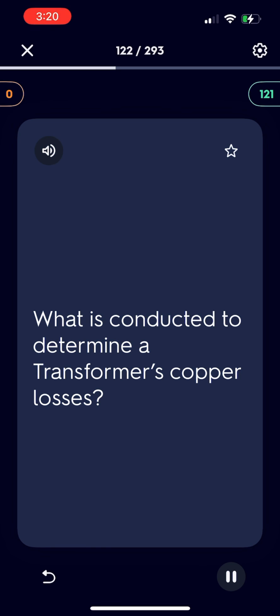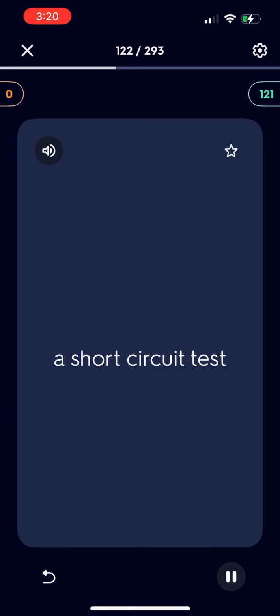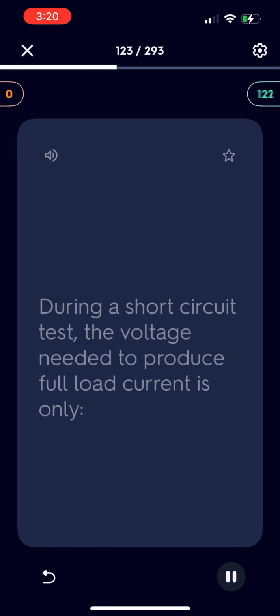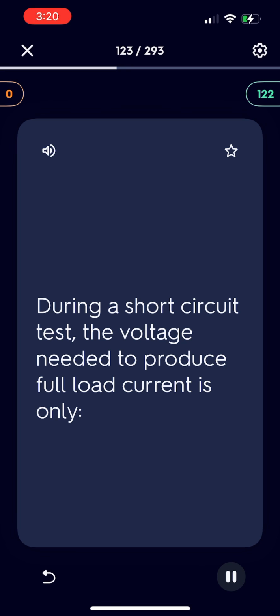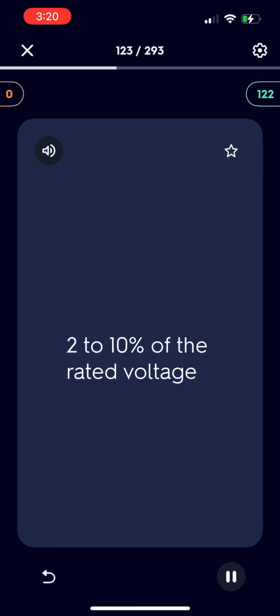What is conducted to determine a transformer's copper losses? A short circuit test. During a short circuit test, the voltage needed to produce full load current is only 2 to 10% of the rated voltage.